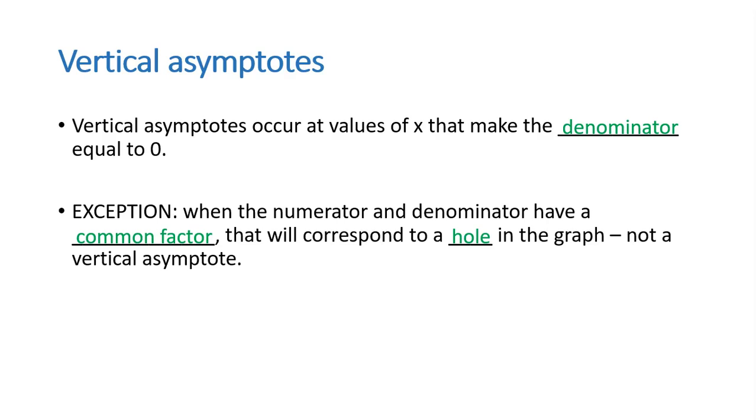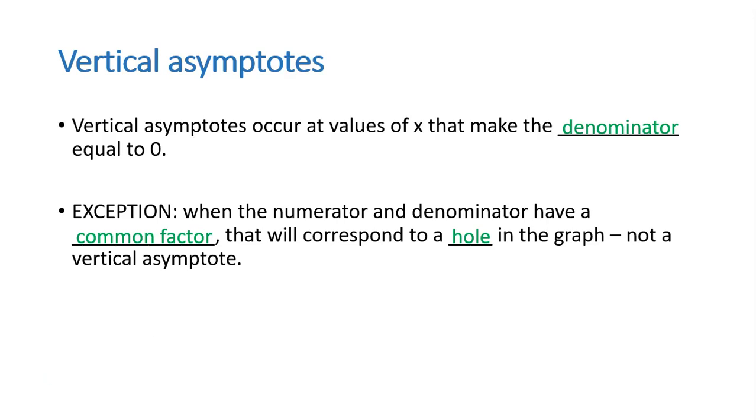It's literally going to be an open circle in the graph. So we have graph on either side, and then we have a little hole right there in the middle of the graph. This situation is very rare, but you should just be aware of it. If there is a common factor, it should be divided out, and whatever that common factor was that would make the denominator 0, that gives us a hole in the graph.